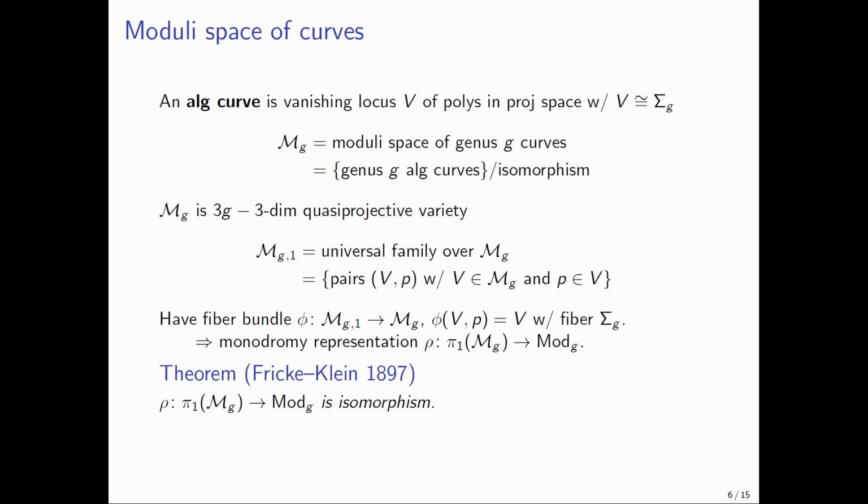Yes? So does this mean that every element of the mapping class group can be represented by an isomorphism of algebraic curves? No, it doesn't mean that, because if you have an algebraic curve of genus at least 2, then its automorphism group is finite. And so, there's a universal cover of M_g, called Teichmuller space, and the mapping class group acts on it with finite point stabilizers.